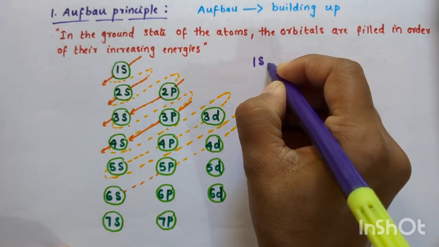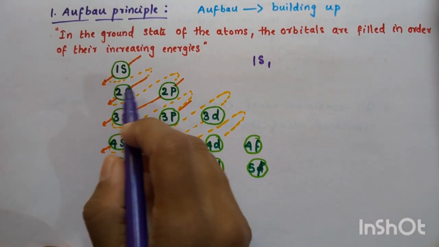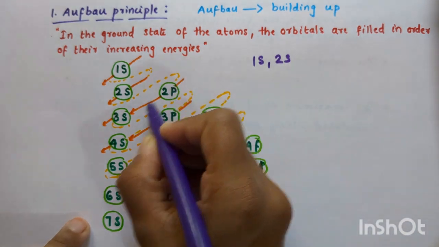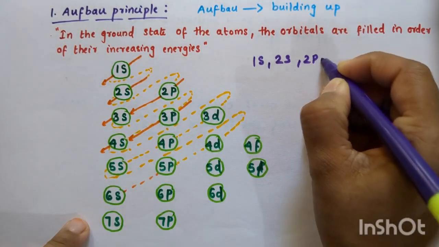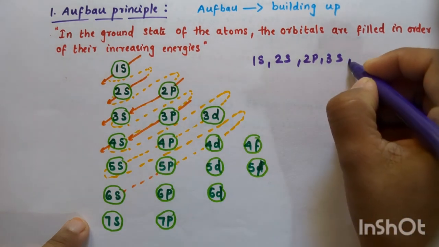First we have 1s, that is the 1s orbital to be filled first. Then the next energy level will be 2s. Then 2p, 3s. Then 3p, 4s.